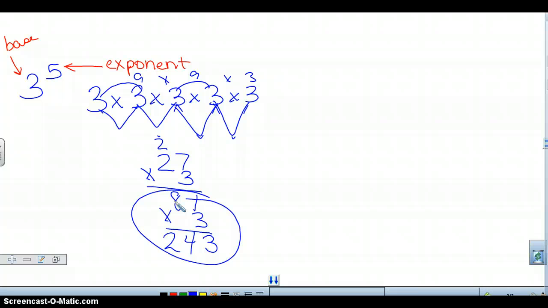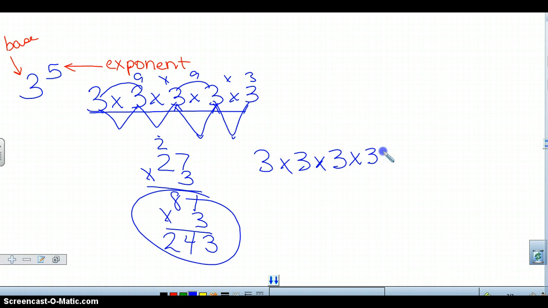That's fine. But we can't use 9 when we're writing this out in expanded form, because there's no 9 in our base, okay?